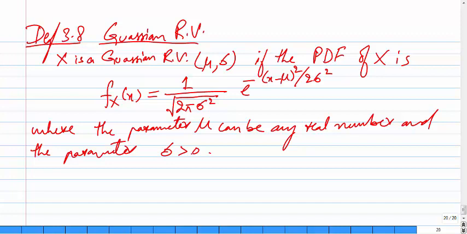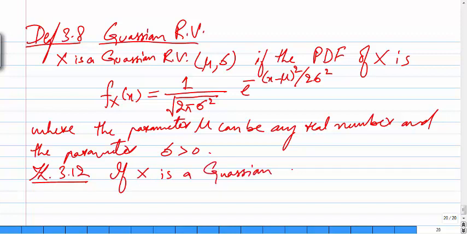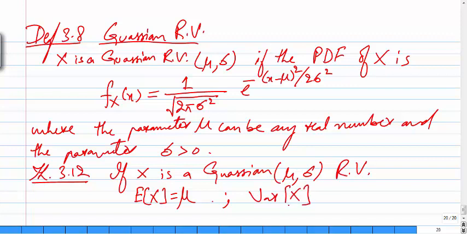Okay, now the theorem is 3.12. It says that if X is a Gaussian mu and sigma random variable, then the expected value of X is equal to mu, and the variance of X is equal to sigma squared.